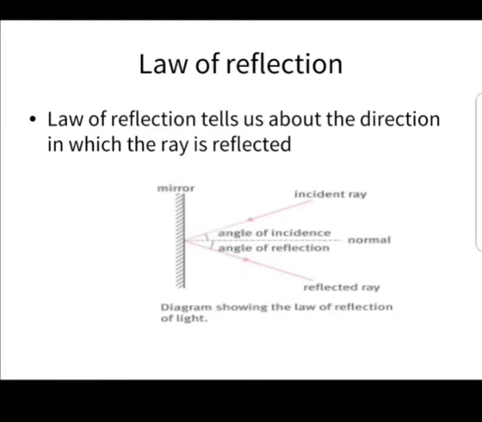The normal is a perpendicular line to the point where the incident ray strikes the mirror, and the reflected ray is the outcoming ray. The angle between the incident ray and the normal is the angle of incidence. The angle between the normal and the reflected ray is the angle of reflection.